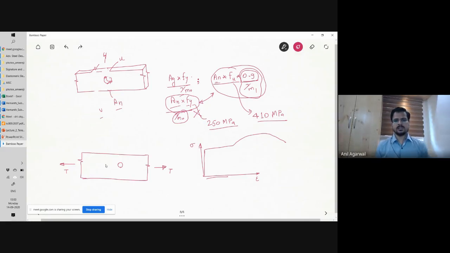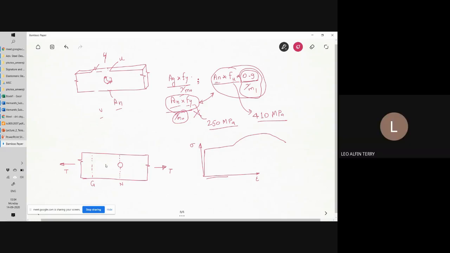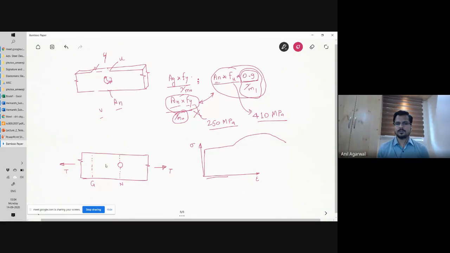As we increase the force T, this section will start to yield first, before this section picks up. So let me call it section N and section G. Section N will yield before section G yields. Everybody agrees with that? Yes, sir. Because the area in section N is smaller, so the average stress in section N is larger.